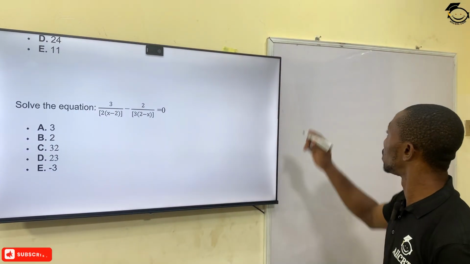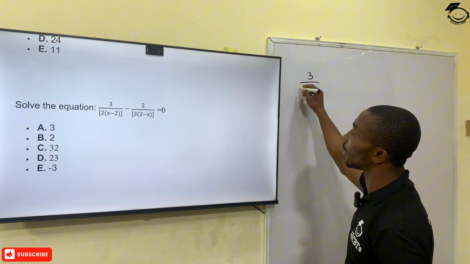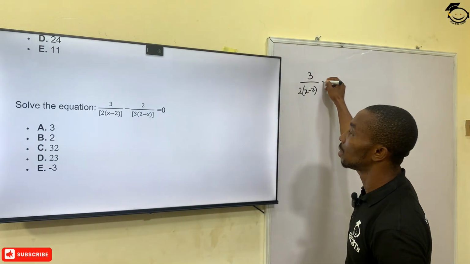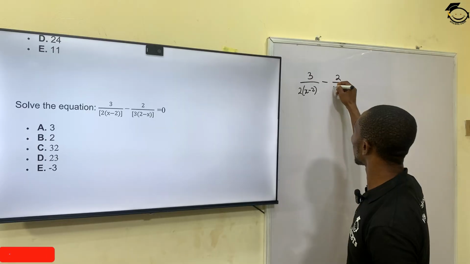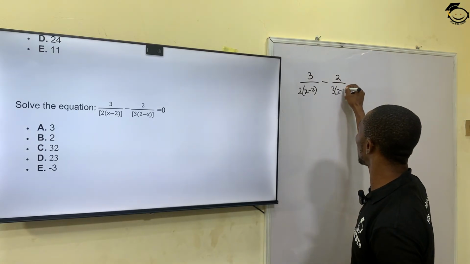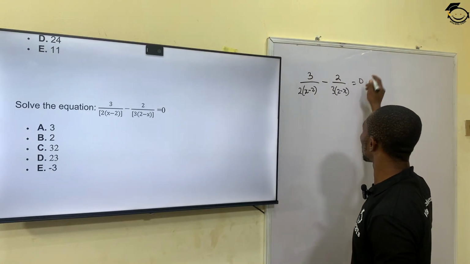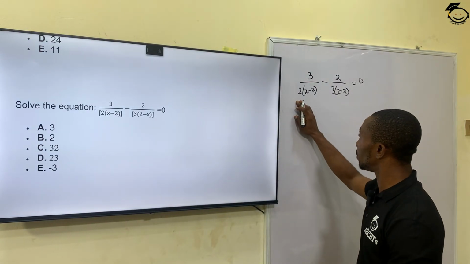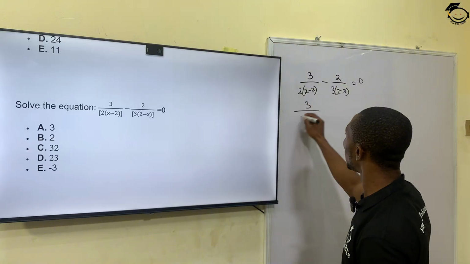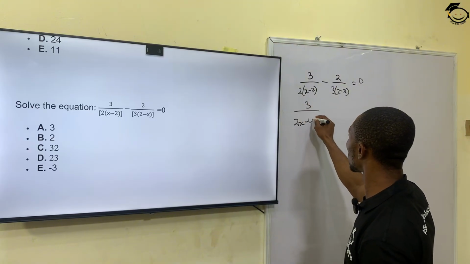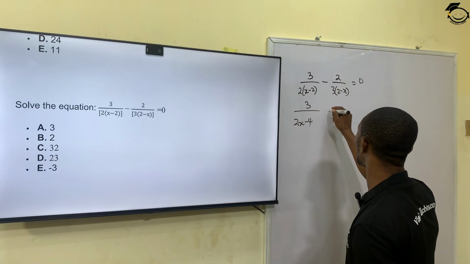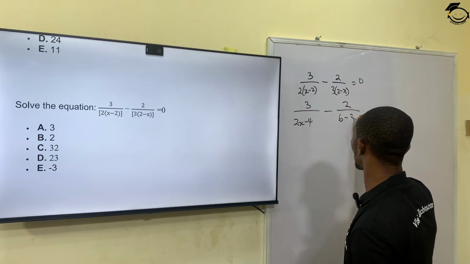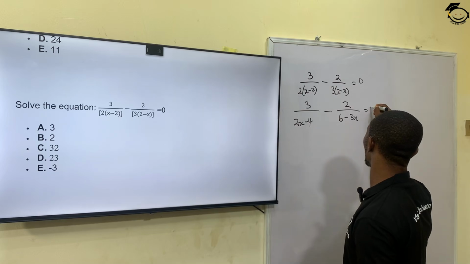Solve the equation 3 over 2(x minus 2) minus 2 over 3(2 minus x) equals 0. Now, to do this, we'll first of all open up our denominators. This becomes 3 over 2x minus 4, 2 times 2, 4, minus 2 all over 3 times 2, 6, minus 3x equals 0.